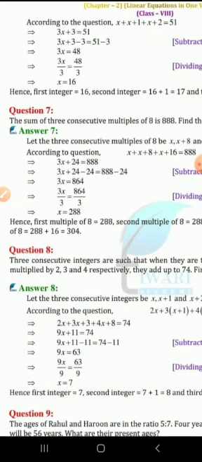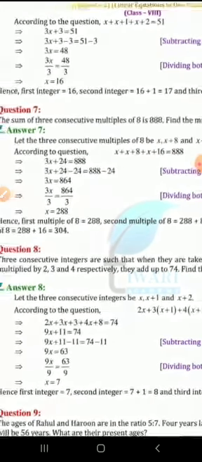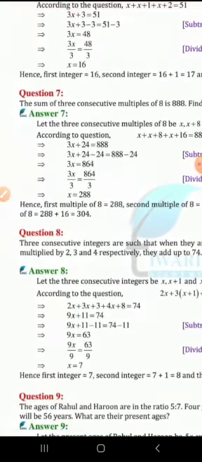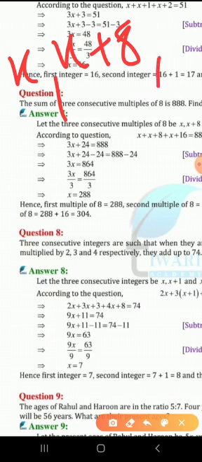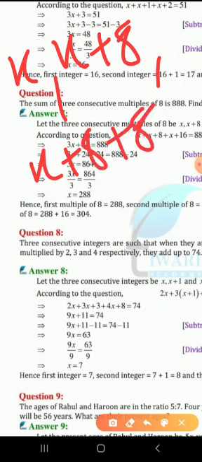So if the first number be x, so what will another number be? What to do to get another number? If you don't remember the table, you do repeated addition. You do x plus 8. Next multiple of 8 will be x plus 8. Next multiple, again you will add 8 to it, so it will become x plus 16.